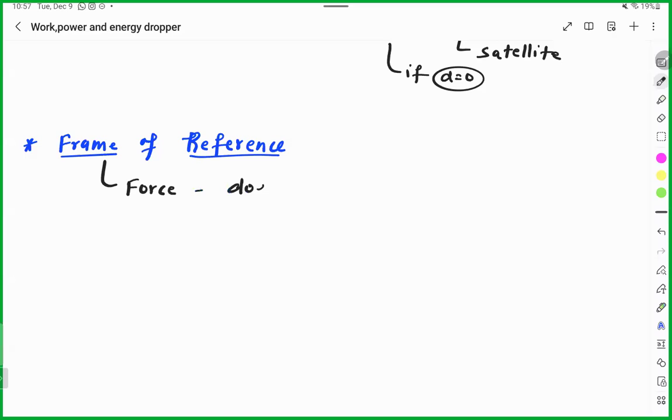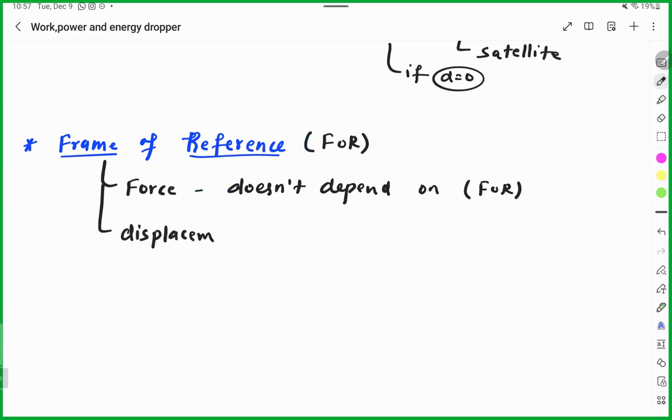I will write frame of reference in short as FOR. But displacement value depends upon the frame of reference, and the displacement value changes when you change the frame of reference. Understood?